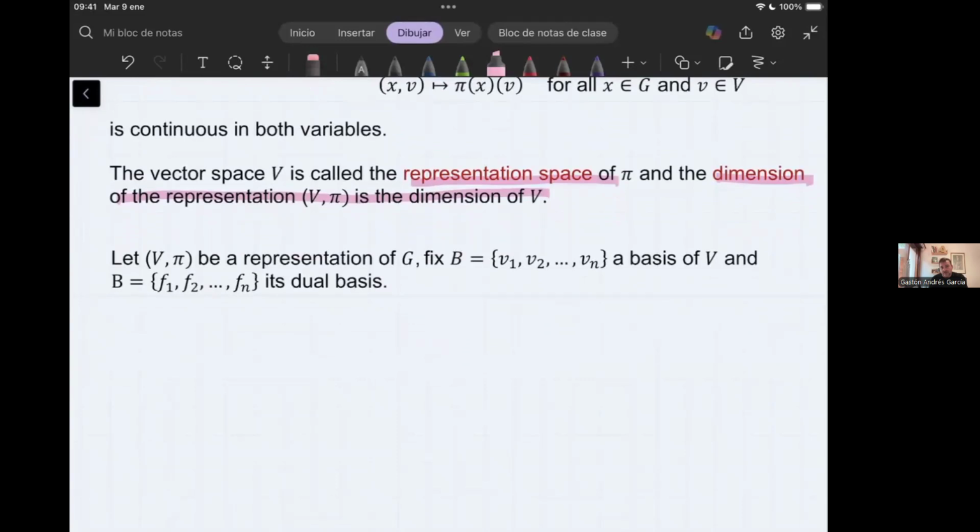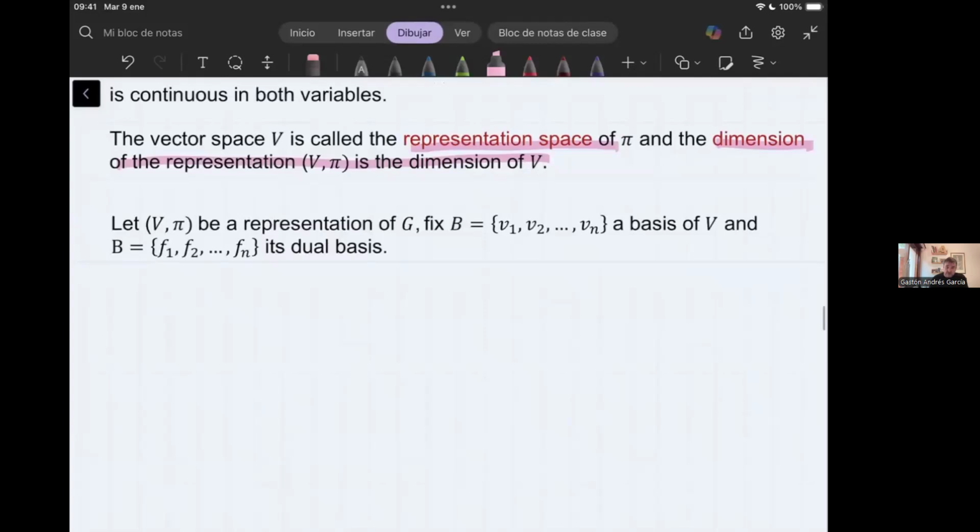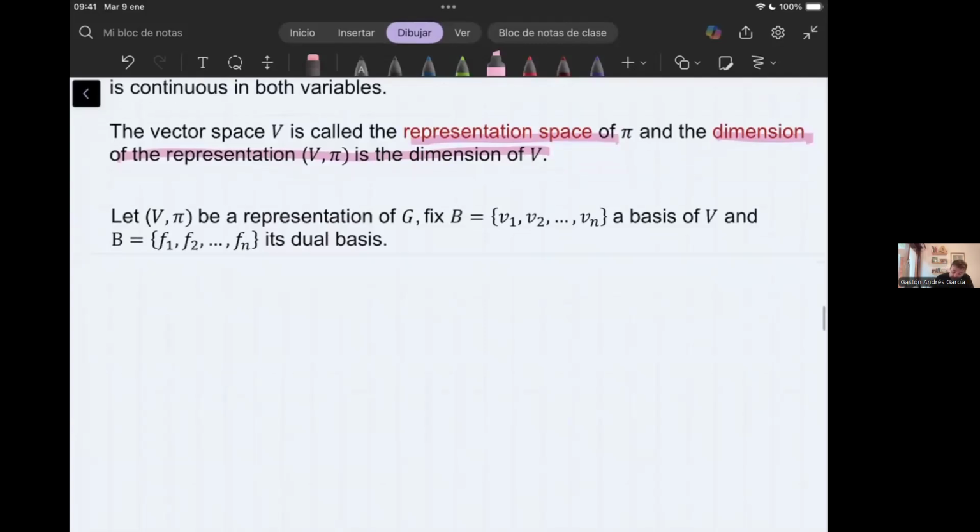Now, we know that if we fix a basis of this vector space, then from any element of the group acting on the vector space, we can get a matrix, okay? So how do we get the matrix if we have a representation? So let's pick a basis of our vector space.